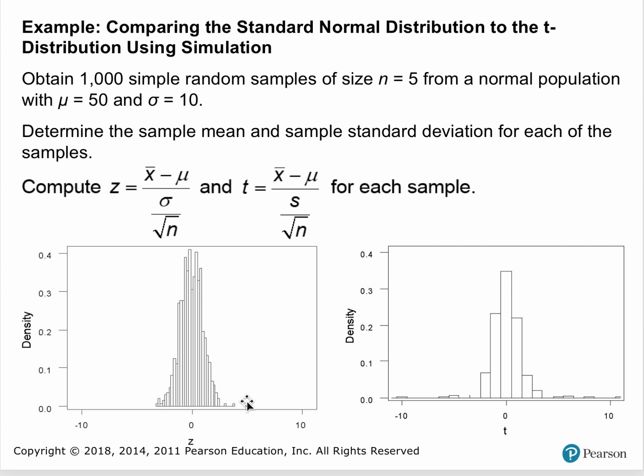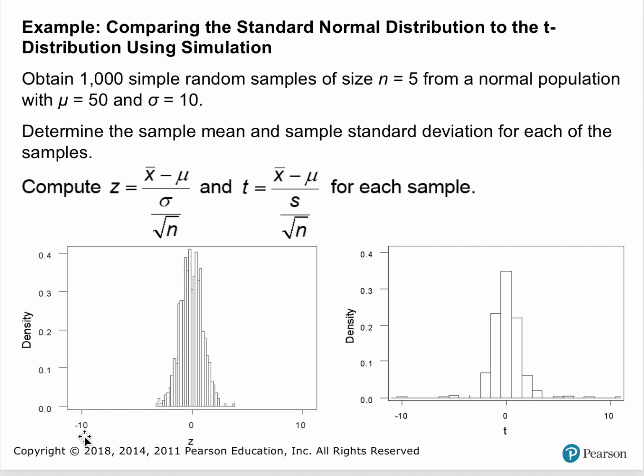So notice that the histogram for Z, this one right here, is symmetric and bell-shaped. Okay, it's centered at 0, and virtually all the rectangles lie between -3 and 3.